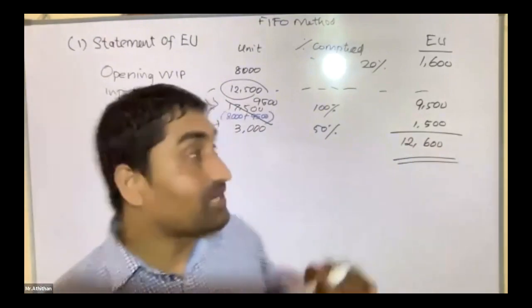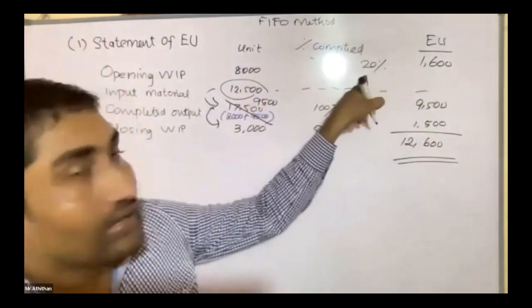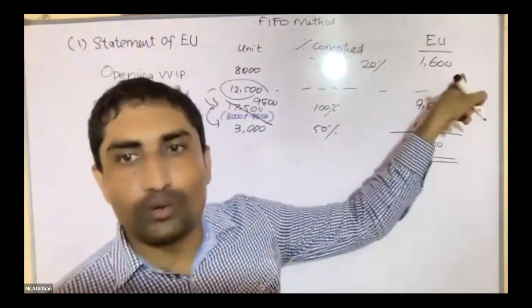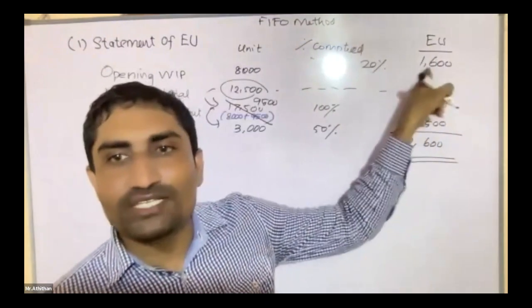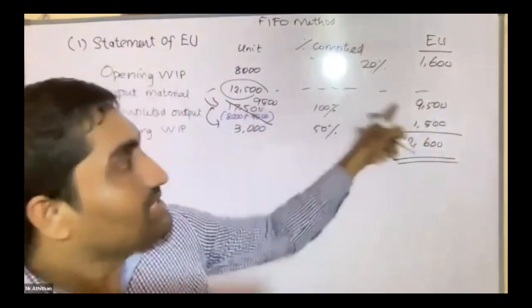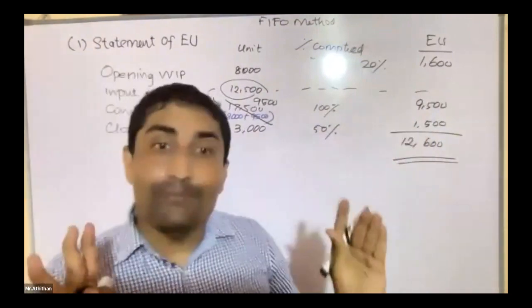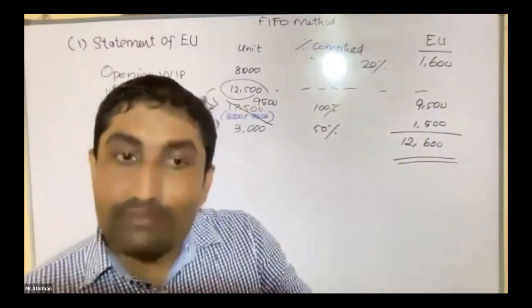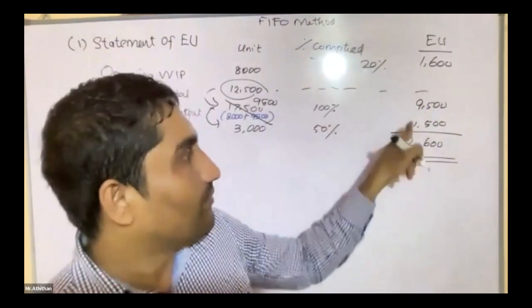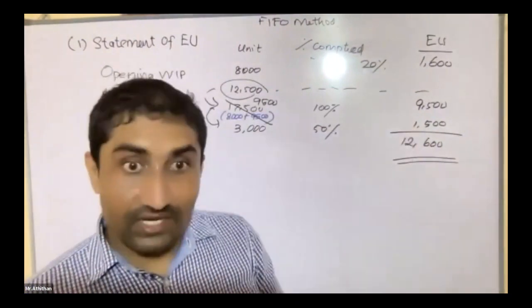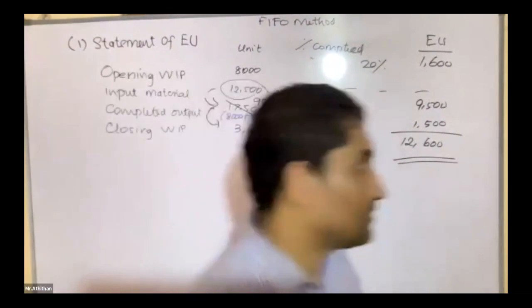So 12,600ல இந்த 1,600 already complete பண்ணினதுன்னு ஒரு பகுதி. So it's a partial of the previous WIP. This 9,500 is fully processed and completed. We started this time and we completed this time. This 1,500 we started but not completed.